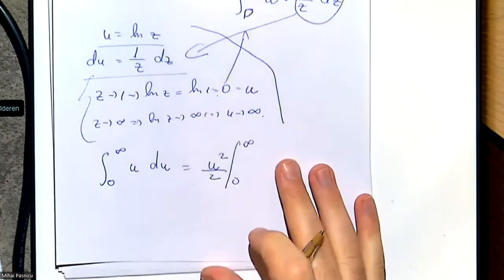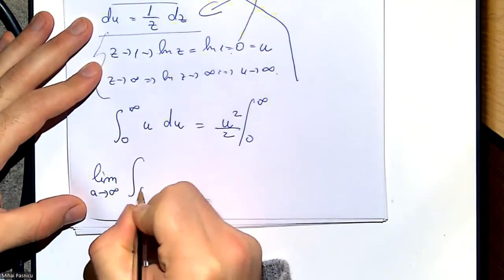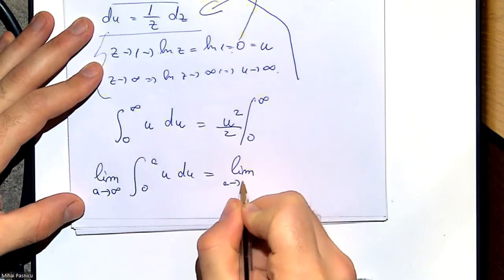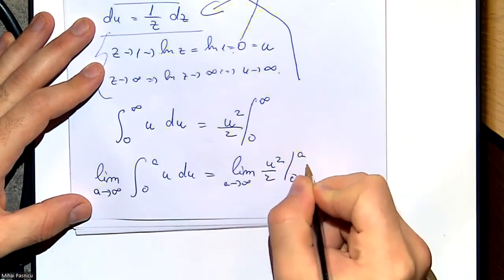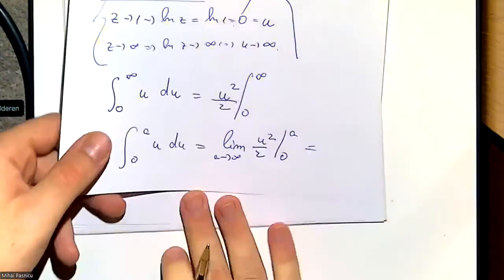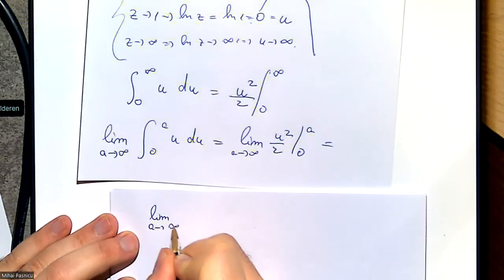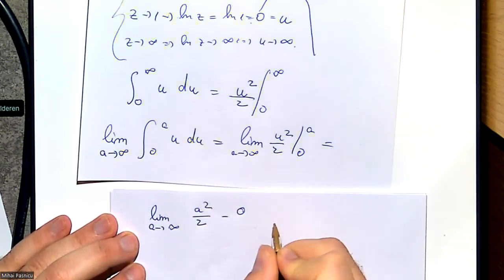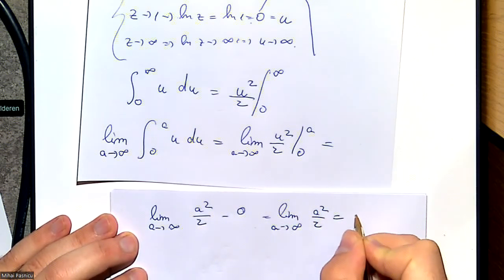We just write it as the limit when a goes to infinity of the integral from 0 to a of u du, which is the limit when a goes to infinity of u squared over 2 from 0 to a, which is equal to the limit when a goes to infinity of a squared over 2 minus 0. So just the limit when a goes to infinity of a squared over 2. This is just infinity.